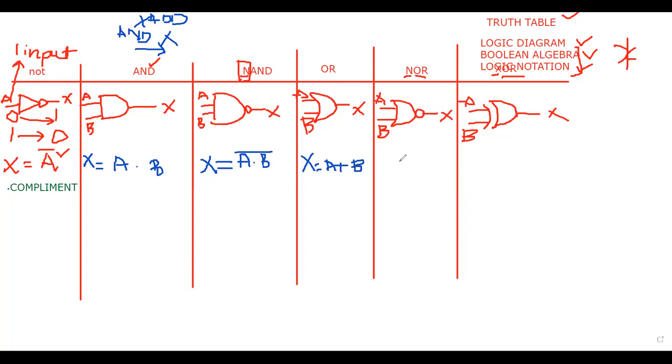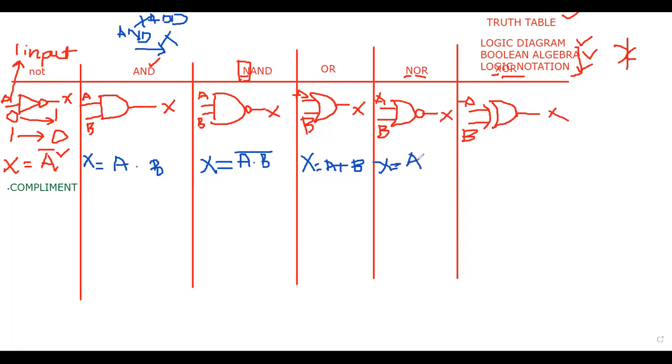What about the NOR gate? How would you make the logic statement of this? X is equal to A minus B. Why would it be minus?